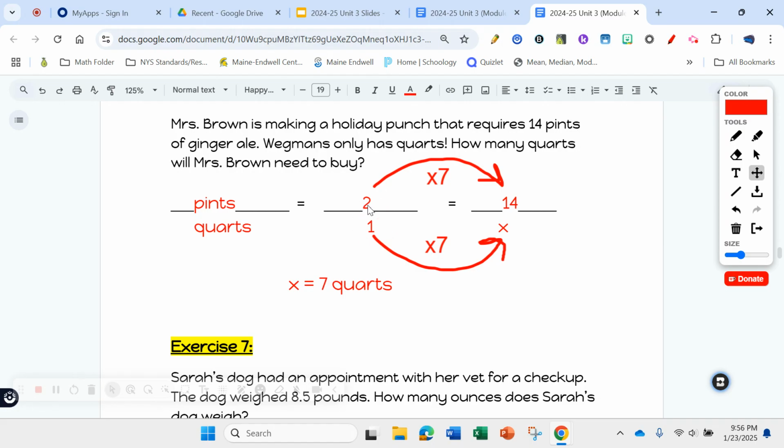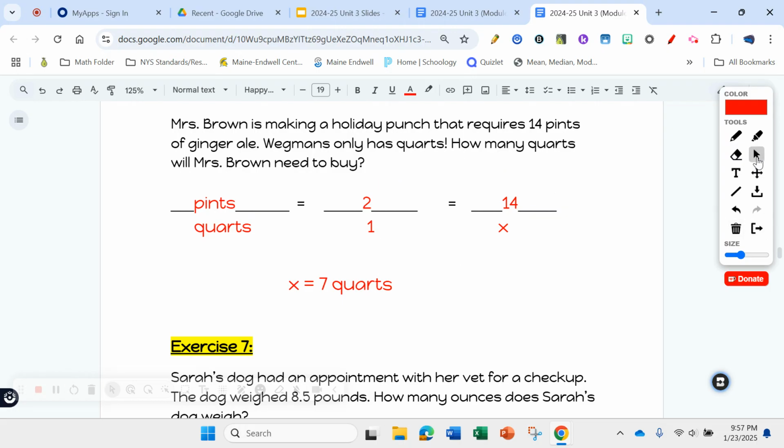I look up pints to quarts, and then I can plug in my 14 on pints. If you didn't get the right answer, you probably put your numbers in the wrong spot. You could easily do a side-to-side relationship here. 2 times what is 14? 7. So 1 times 7 is 7, or you guys can cross multiply. You'll get the same answer.